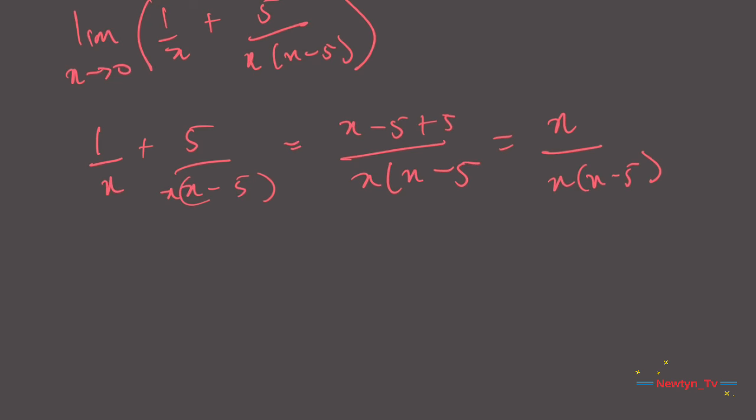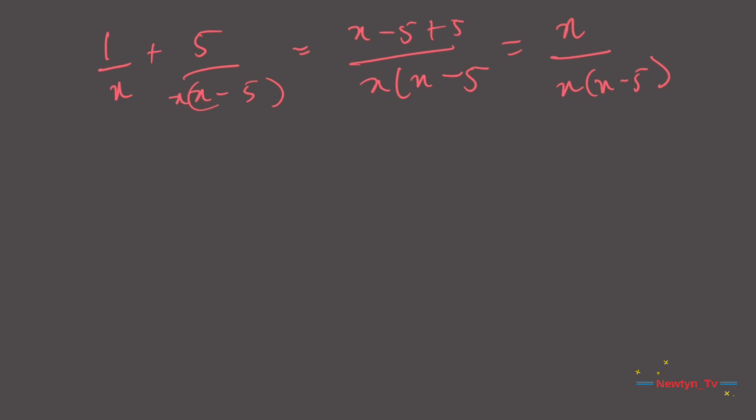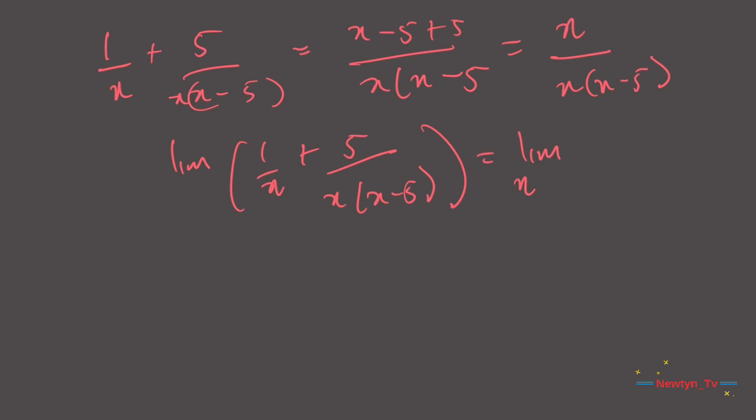With this we can see that the limit of 1 on x plus 5 on x multiplying x minus 5, as x approaches 0, will be equal to x on x multiplying x minus 5.